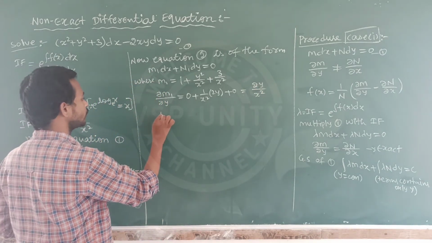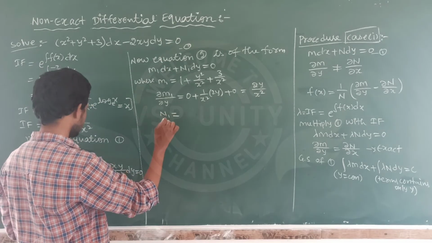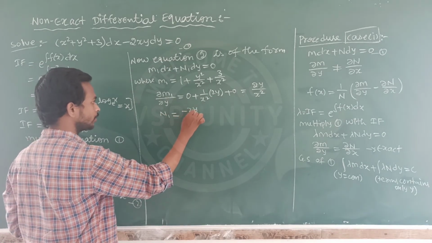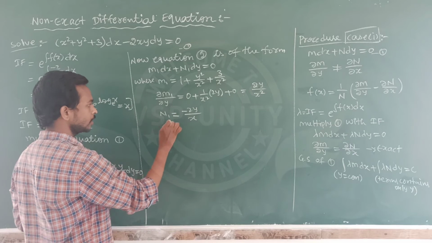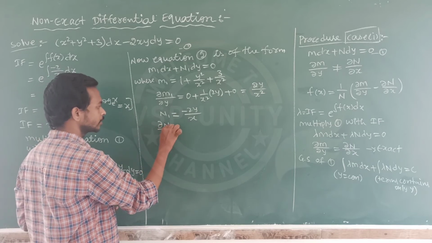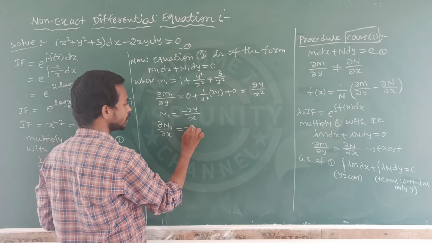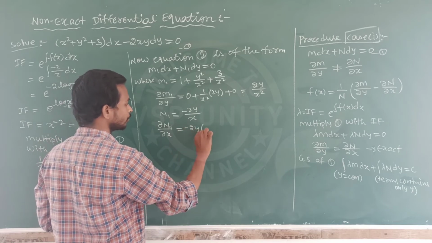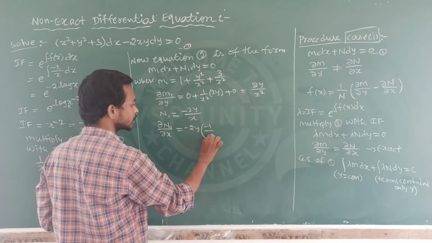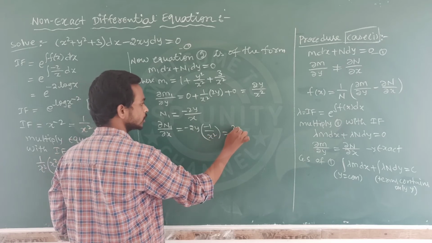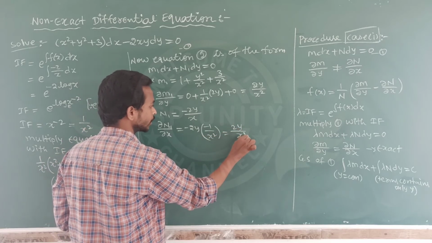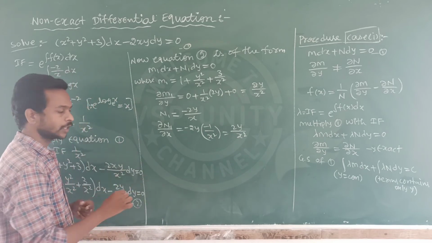Now N1 is nothing but minus 2y by x. Now dou N1 by dou x, with respect to x means y, minus 2y as constant. For 1 by x, minus 1 by x square is the differentiation. So it is 2y by x square. If you observe, these two are equal.